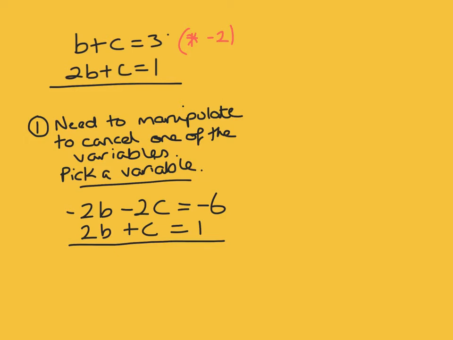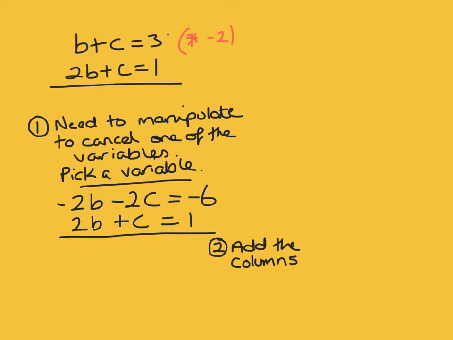So my second thing to do then is to add or subtract the columns. I'm going to add the columns then. The first column here, we have -2b plus 2b, and that's going to give me 0.